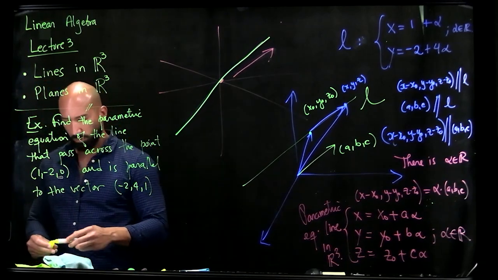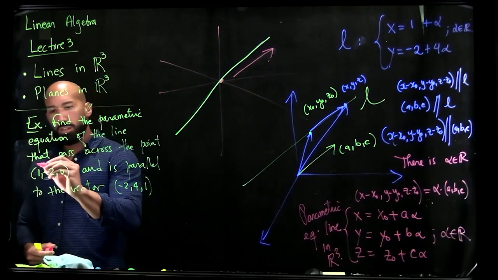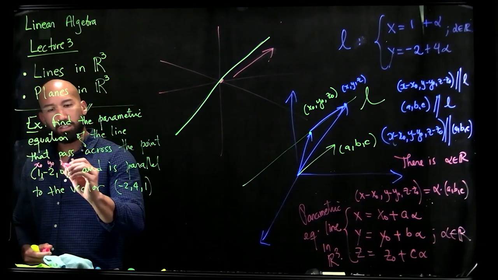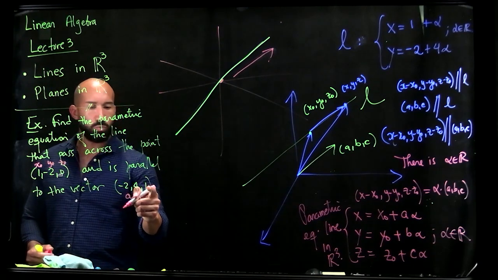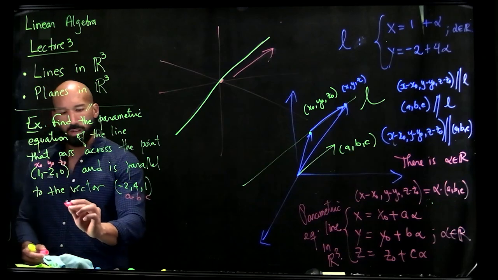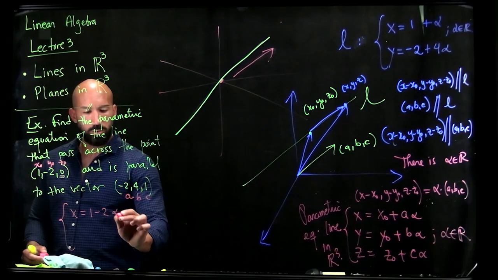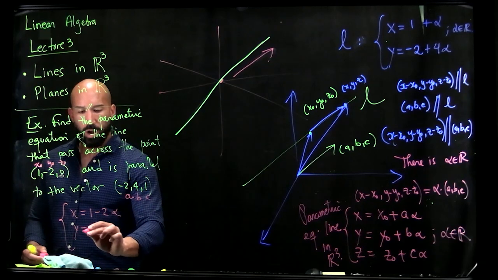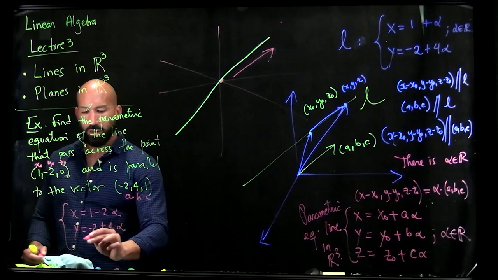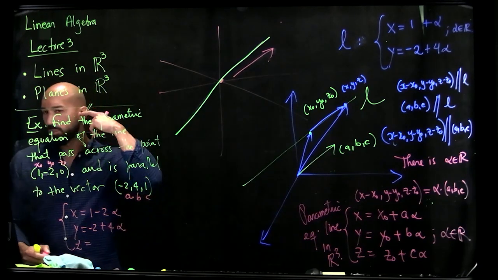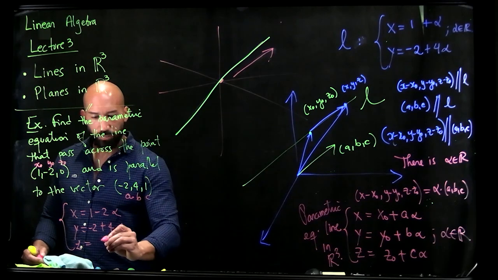Again, this is my point, so this is x0, y0, z0. This is my parallel vector, so this is A, this is B, and this is C. And my equation is going to be x equal to 1 minus 2 alpha, y equal to -2 plus 4 alpha, and z equal to 0 plus alpha.